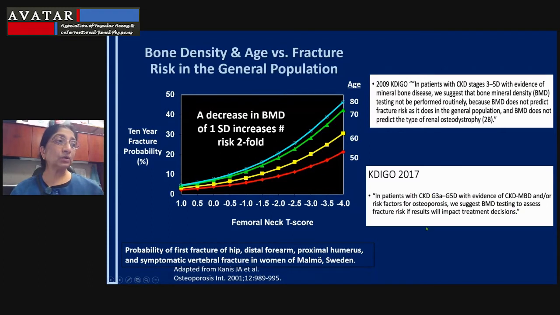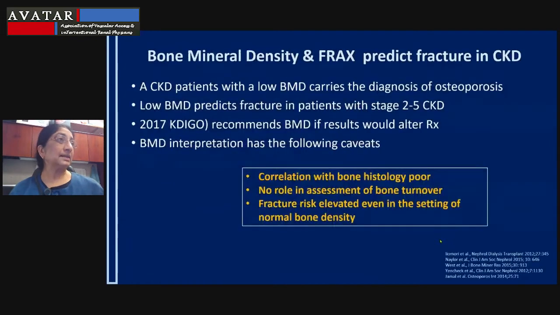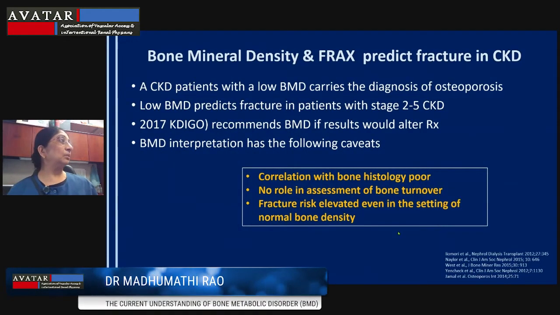However, with more accumulation of data, the more recent 2017 guidelines do recommend DEXA testing in patients with chronic kidney disease. So, in terms of testing for bone density in patients with chronic kidney disease, where are we?